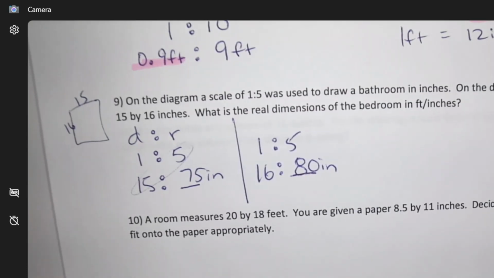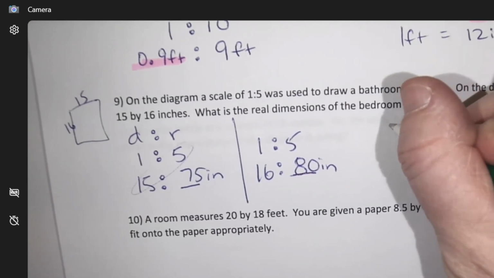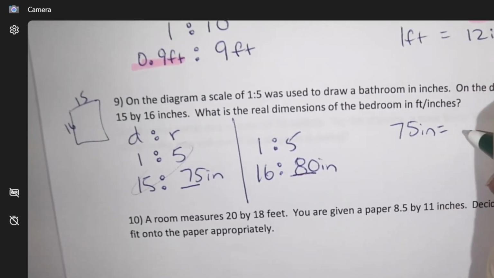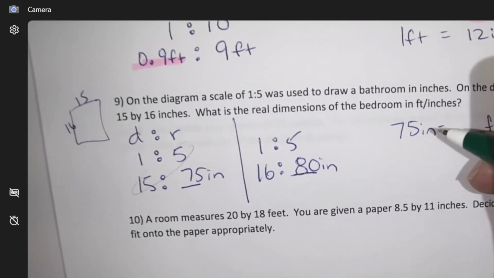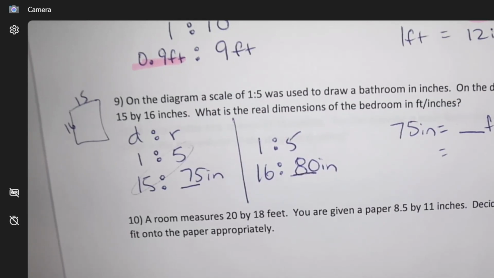Okay, but we gotta give them a foot/inches measure. So what are you gonna do here? So 75 inches is how many feet? How about we do that? And you're gonna know this from your head.